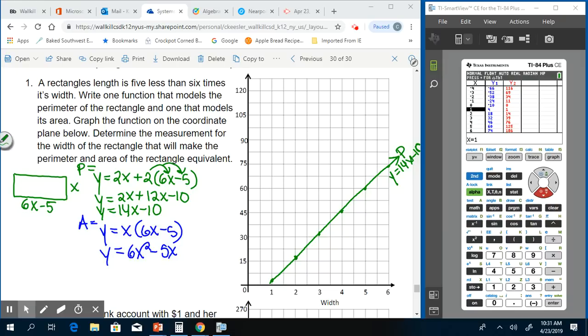All right, then for our second equation, we have 0, 0, so we can graph that point. Then 1, 1, even under the 4. Then 2, 14. 3, 39.